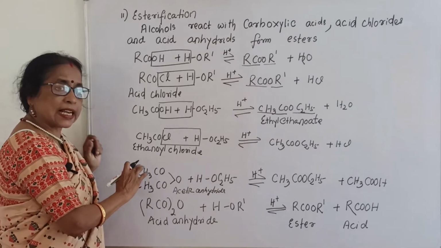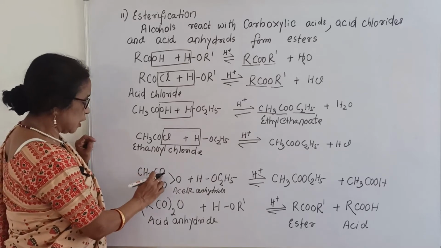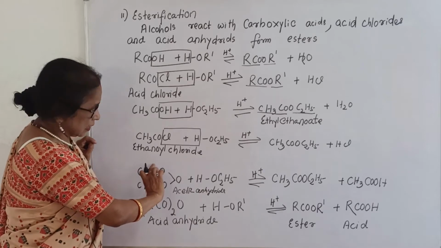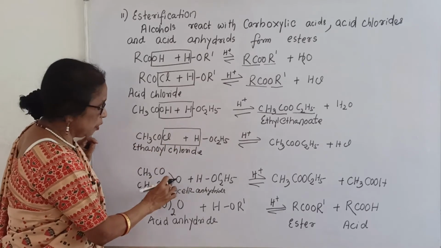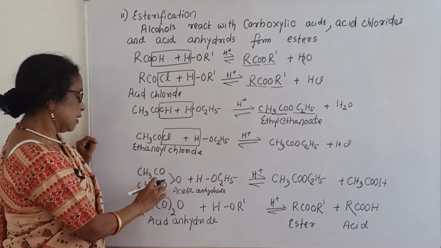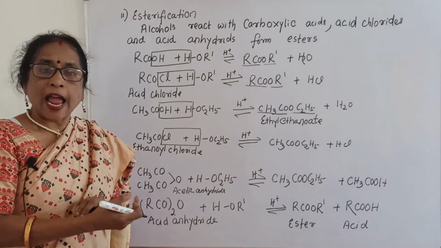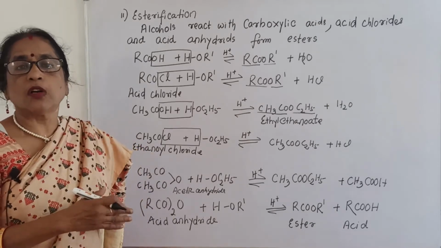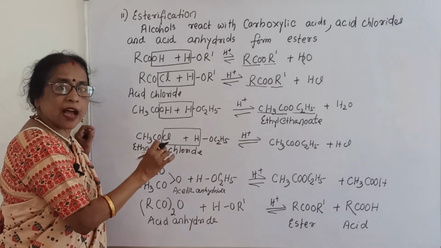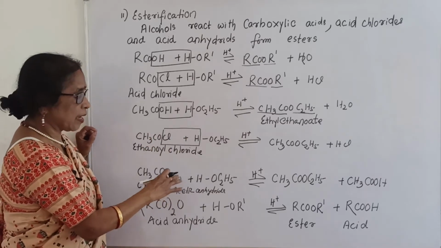In this acetic anhydride, two CH3CO units are combined with one oxygen bond, since one water molecule is removed. This is acetic anhydride by common name. Then what is the IUPAC name? In IUPAC name, acetic acid is called ethanoic acid, so it is ethanoic anhydride. You can remember it as the IUPAC name, ethanoic anhydride.